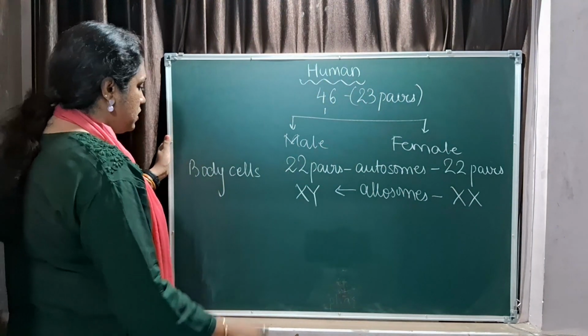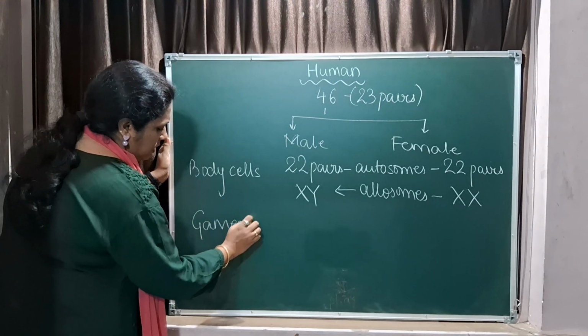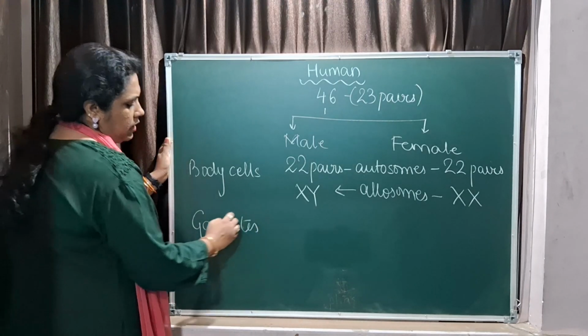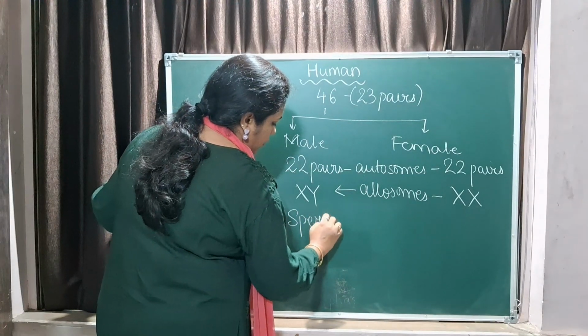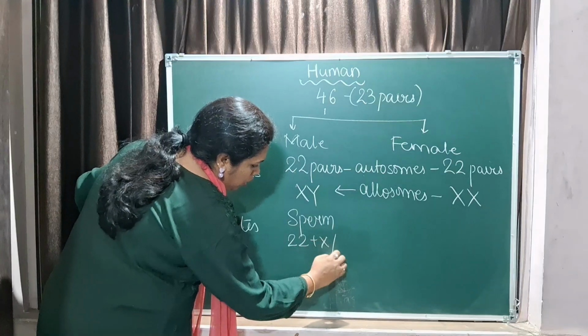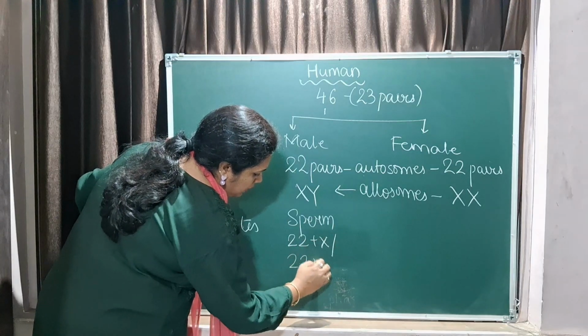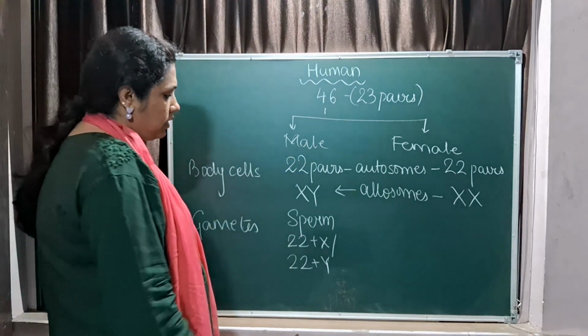Remember? Similarly, when you talk about the gametes, now in gametes, the sperm. What is the composition of sperm? 22 plus X or 22 plus Y. That is, the number of chromosomes is halved.